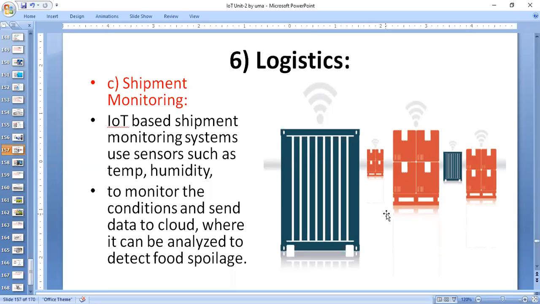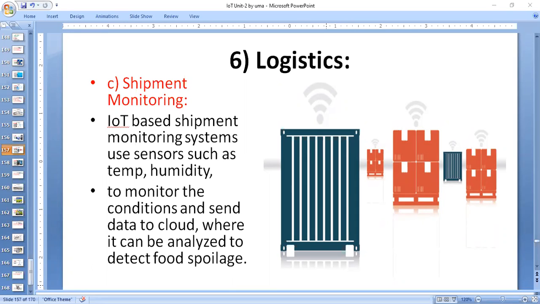Here I want to identify the wastage of food. That kind of information you will identify by using this system. In this case, the shipment monitoring system identifies the condition inside the container.